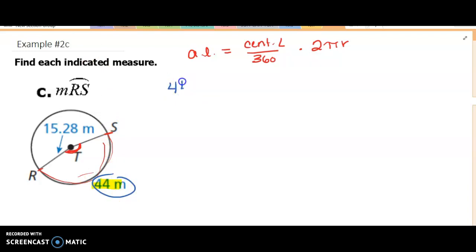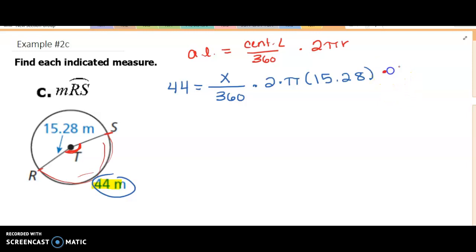Okay, so I'm going to plug that right in for arc length. So 44 equals my central angle, I'm going to call it x, over 360 times 2 times pi times my radius, which is 15.28. Okay, now because I have a decimal here, I'm not going to try to make it look pretty. I'm just going to go straight to the math.